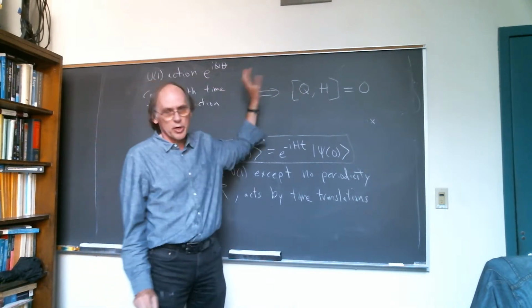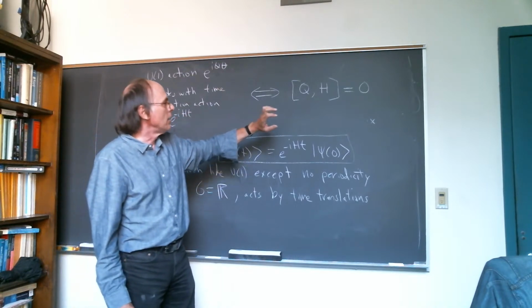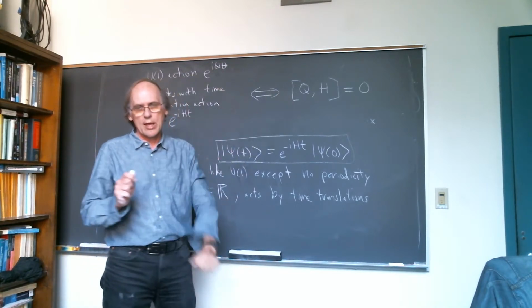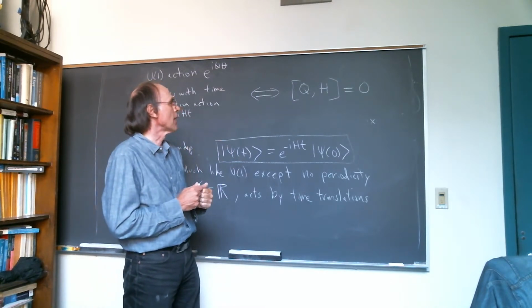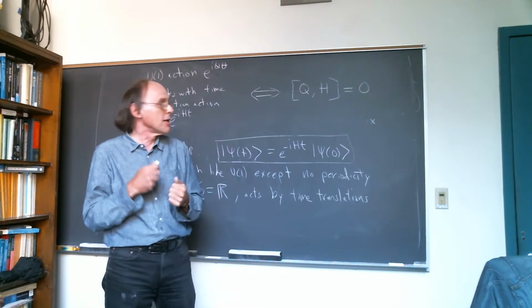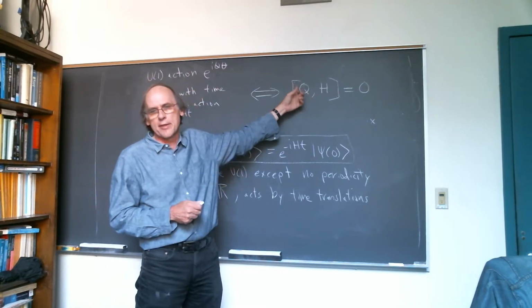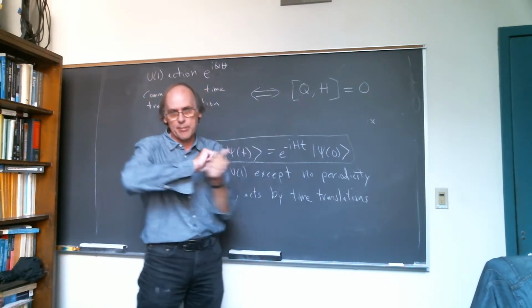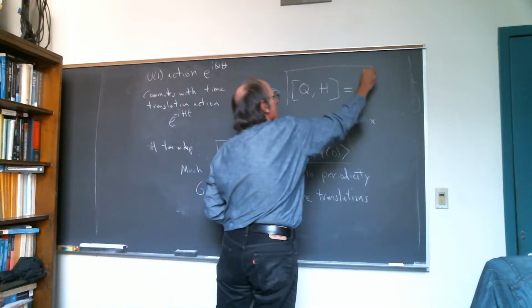Okay. So I just wanted to point this out. This is a principle that we're going to see time and time again, that what you really should think of as a symmetry of the system is what gives you a conserved quantity. If you want your values of Q to stay the same as time goes on, then you need this condition.